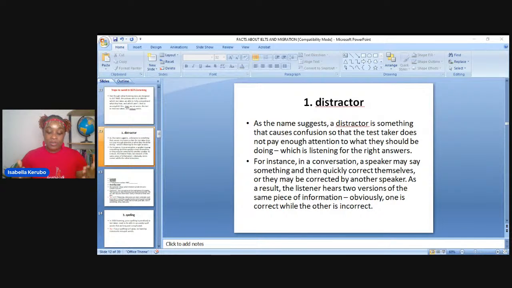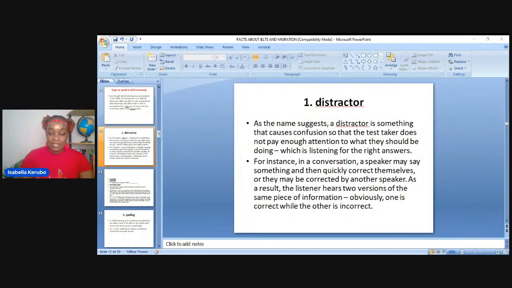As you are listening to the audio being played, it is 100% allowed to write on the question paper. You can write whatever it is that is going to help you pass that test or score points. You can write on the question paper.